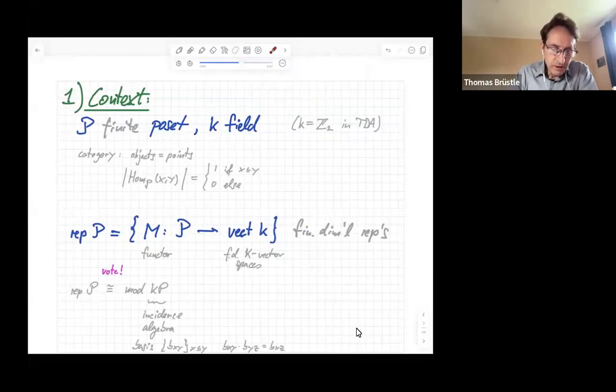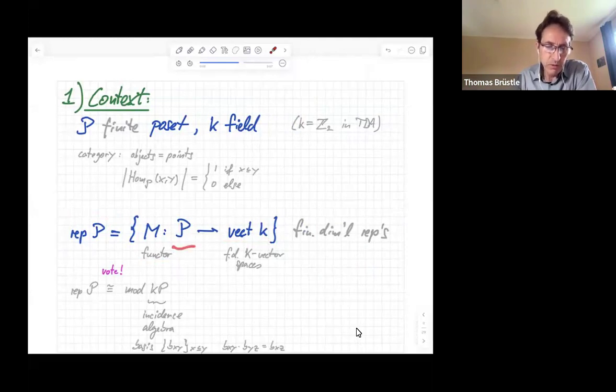We study the category of representations of that poset P, and in persistence theory the category of representations is defined as the category of functors M from P into the category of finite dimensional vector spaces over K. They really prefer that functorial point of view.